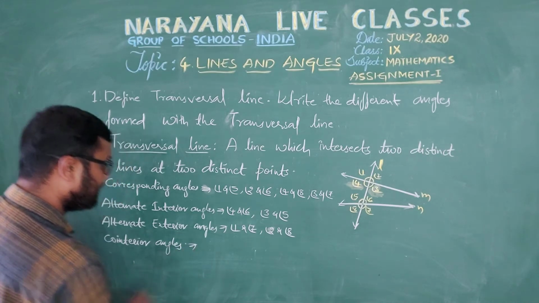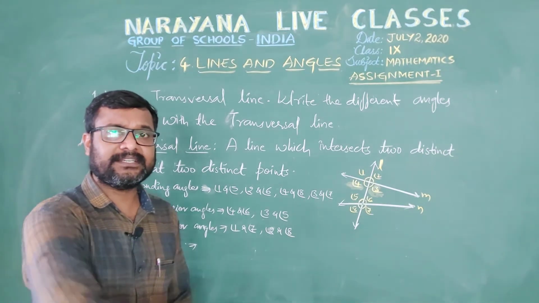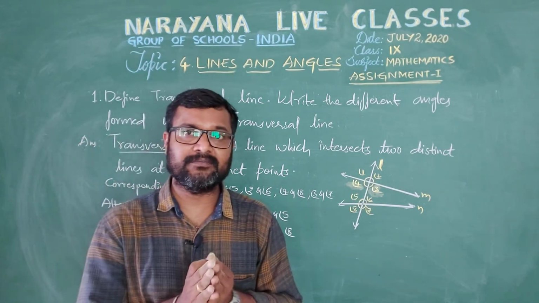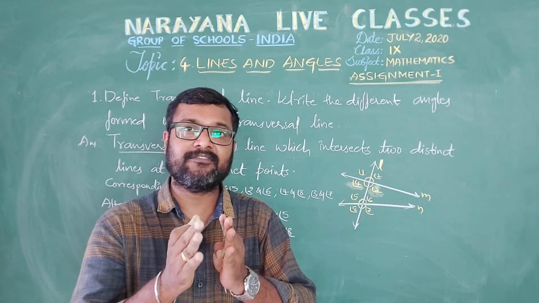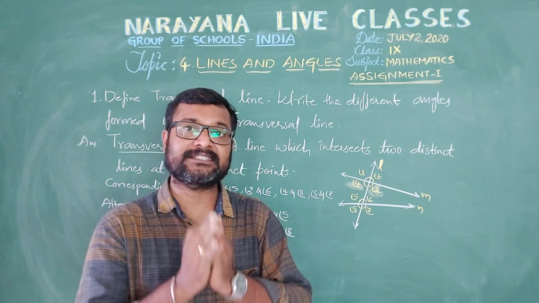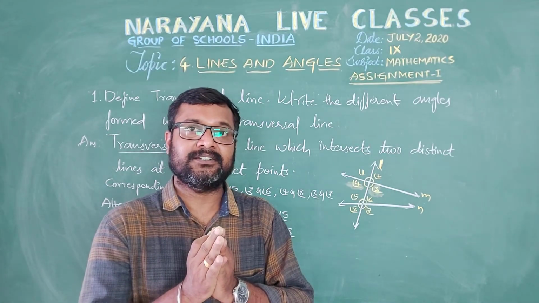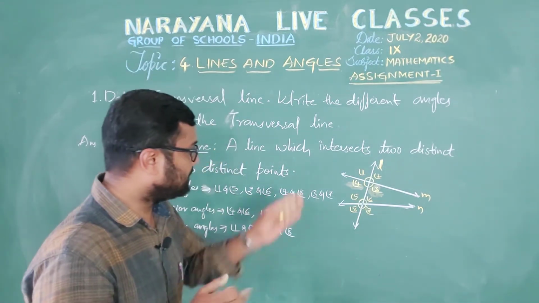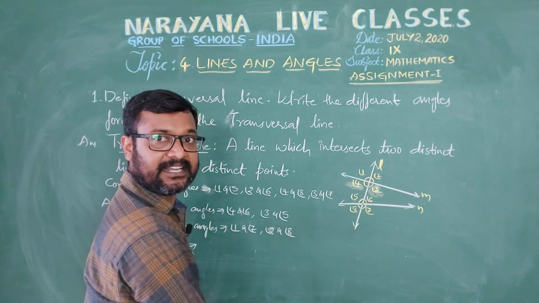In a similar way we will see co-interior angles. Co-interior means interior angles on the same side of the transversal line; we call those angles co-interior angles. Let us see, 4, 3, 6, 5 are interior angles, isn't it?